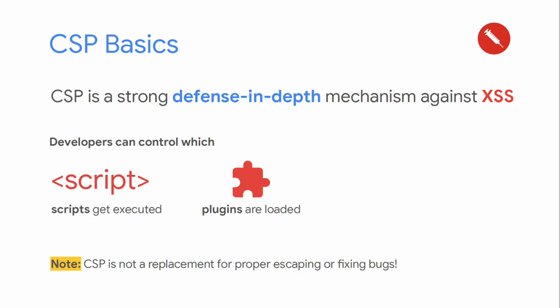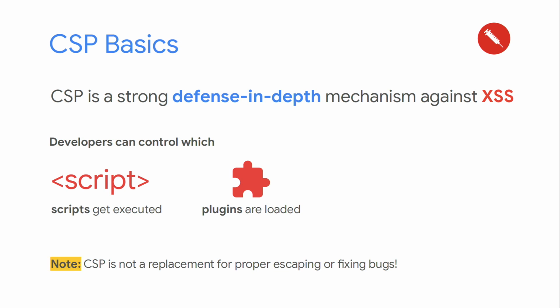Who of you has heard about Content Security Policy in the past? Oh, cool. That's great. So CSP has been around for a while, and it's completely useless the way it was created, at least to protect against cross-site scripting. In theory, CSP, if you use it for XSS defense, allows you to control scripts and plugins that are executed on your page.